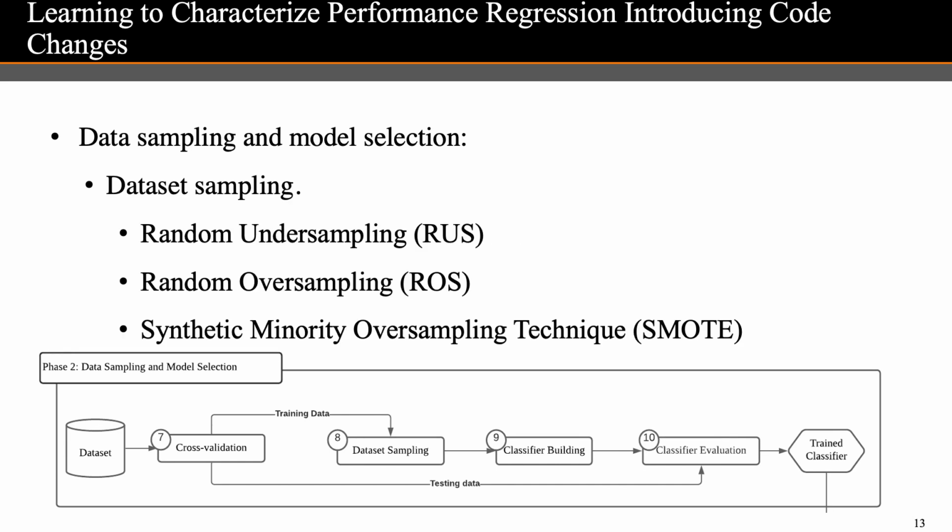The resampling techniques used in this work are random undersampling, random oversampling, and synthetic minority oversampling technique named SMOTE. Random undersampling is randomly deleting samples from the dataset to reduce the class representation difference.